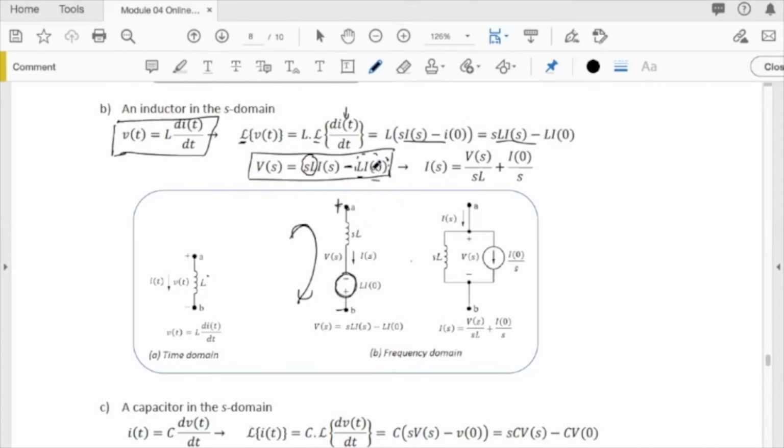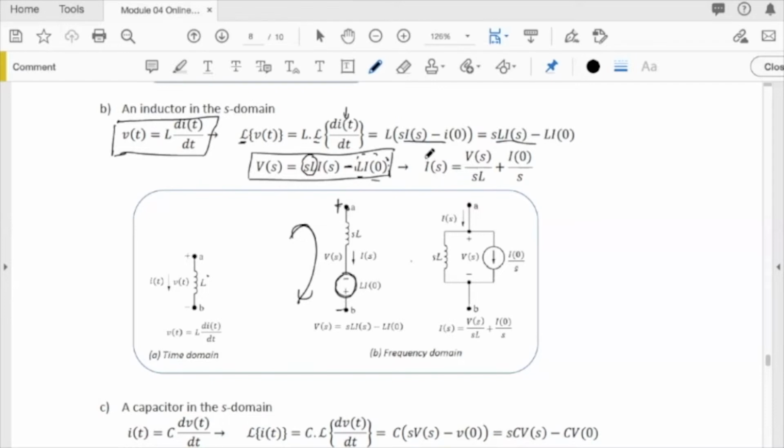If the initial condition is 0, the value of the voltage will be exactly the same as s multiplied by L multiplied by I(s), which looks exactly like Ohm's law.